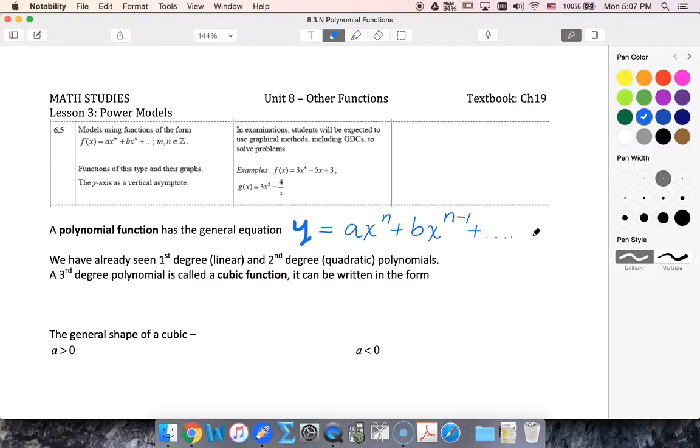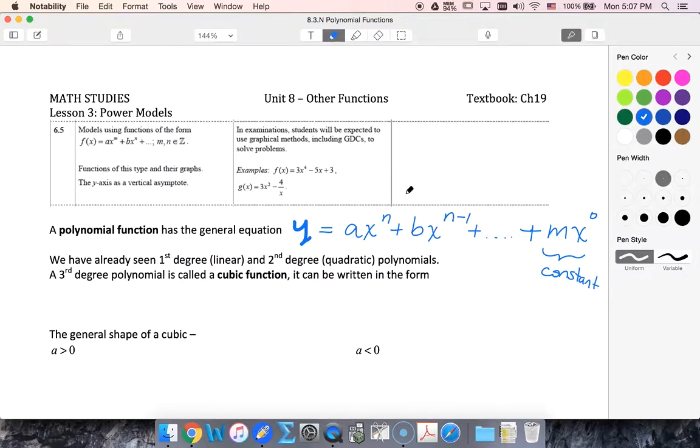Let's say we go to m, and then we'll have x to the 0, which hopefully you remember is just 1. So this is a constant.